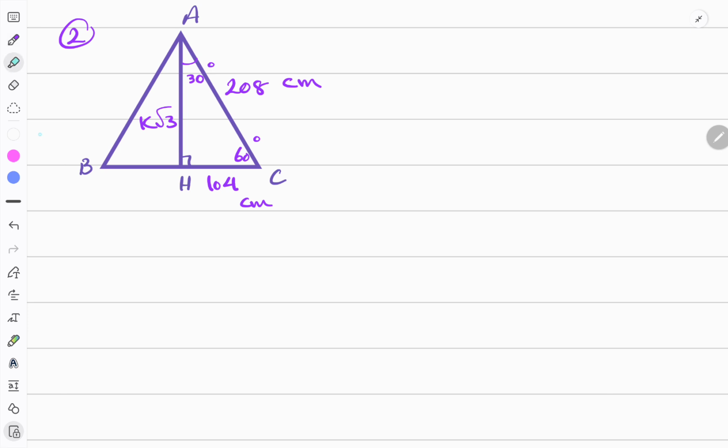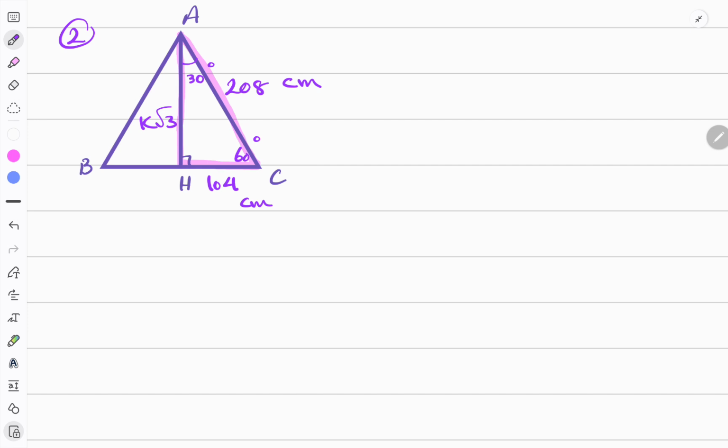Okay, and now we have a right angle triangle, and we can use a trig ratio because we need to find AH, and this is opposite to 60 degrees, and we know the length of AC, which is the hypotenuse.